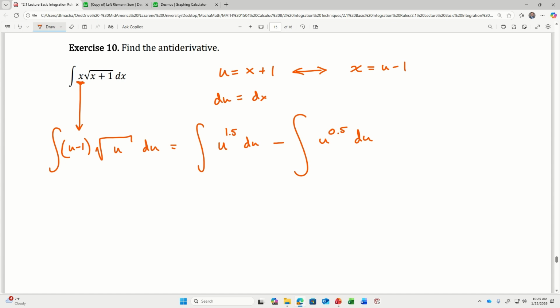And with the antiderivative additivity rule, I can break this up into two separate antiderivatives and think about it that way, and that's your path forward. Because u times square root of u is u to the 1.5 power, and square root of u is u to the 0.5 power. Okay? I trust that you can figure it out from there.